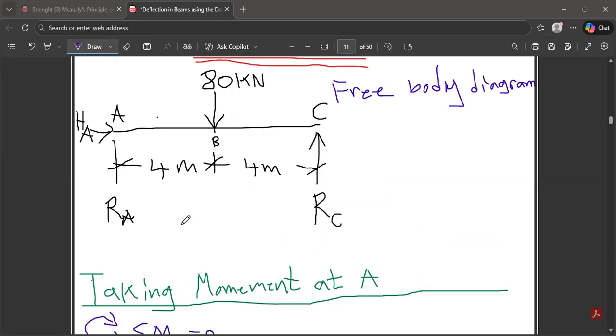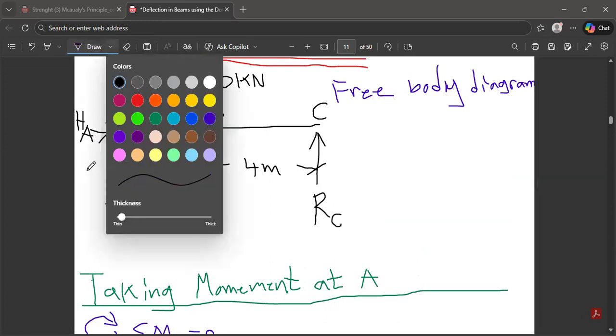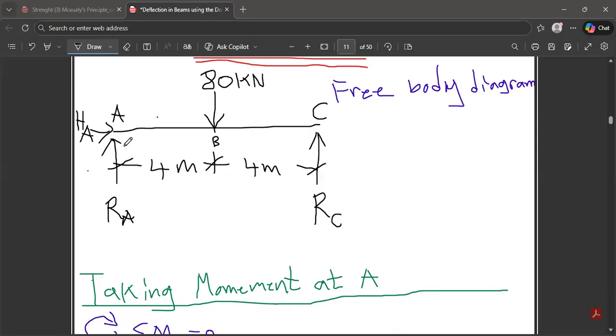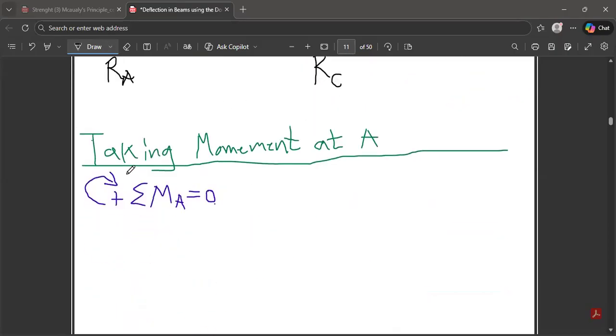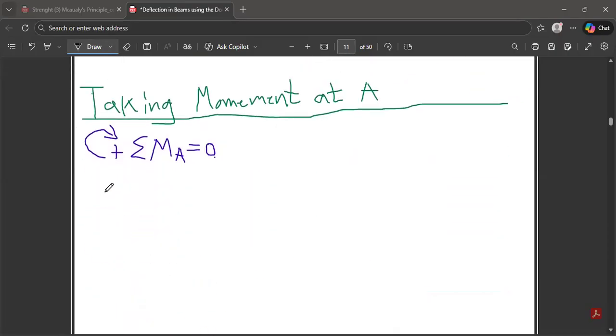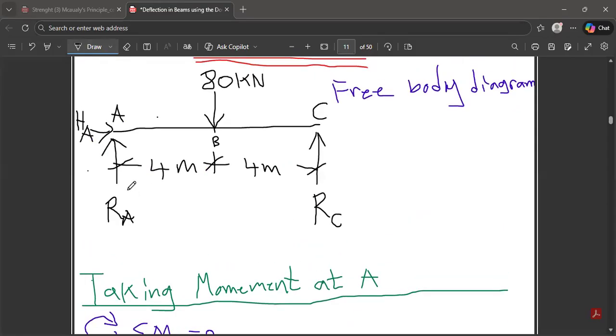So we could quickly take the moments and proceed. We said that moment is equal to force times perpendicular distance. So if we put our compass over here and open to 80 kilonewton and rotate, you realize that the 80 is going to multiply the 4.